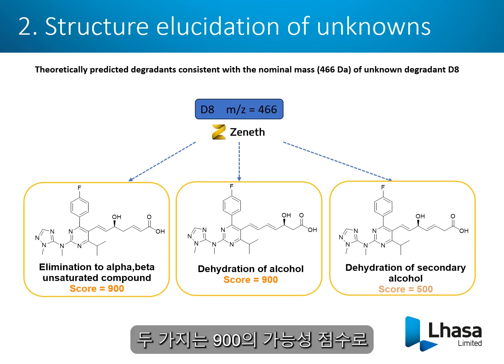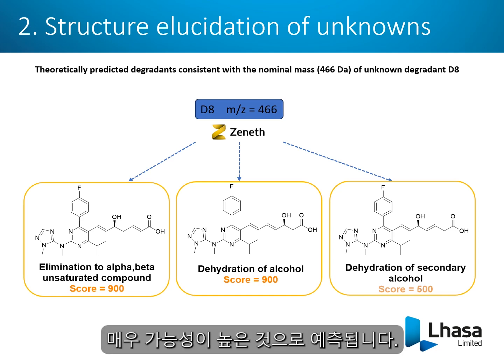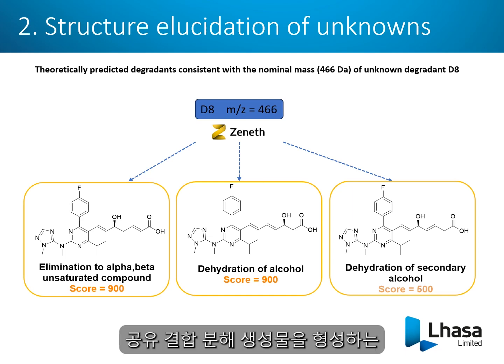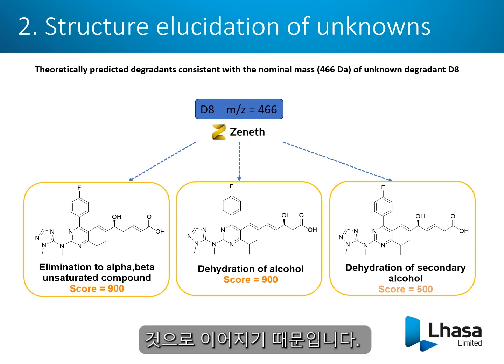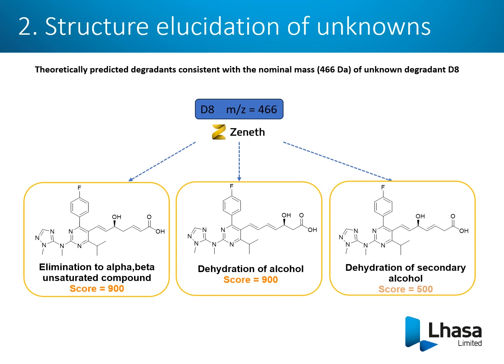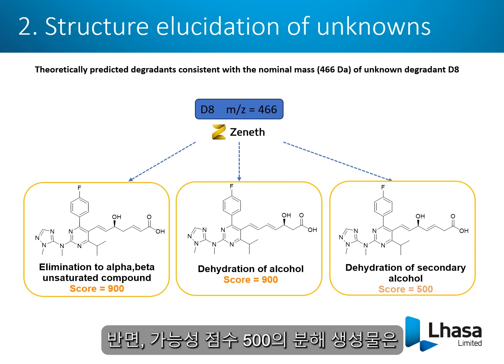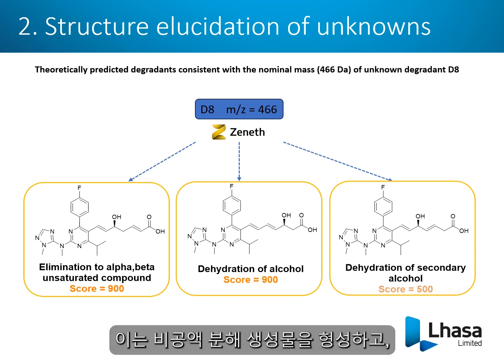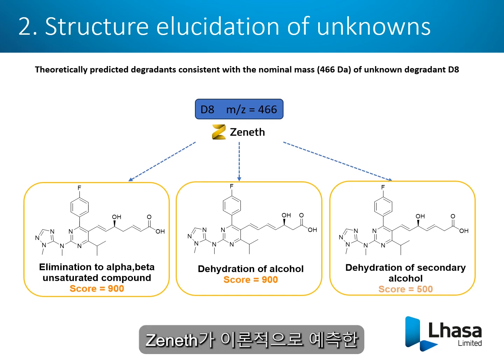This high likelihood score is attributed to the fact that these pathways lead to the formation of conjugated degradant products, whereas the degradant with a likelihood score of 500 occurs from the dehydration of a secondary alcohol, which forms an unconjugated degradant product, which is reflected by the lower likelihood score. Theoretically predicted degradant products generated by Zeneth can be used to directly assist in structural elucidation studies.